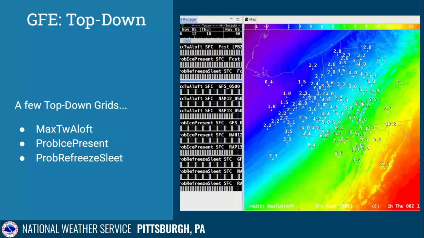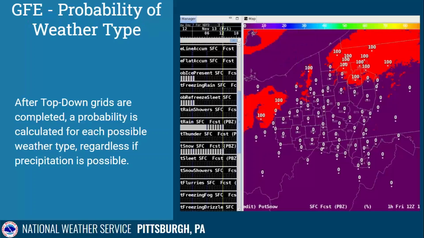And so at that point, we just go from the top down. We look at our max temperature aloft. We look at the probability for ice present, given any warm levels, potentially refreezing to sleet if we have a colder column beneath that. So it's essentially just taking that top-down approach in our grids. It looks a lot more complicated on here, but that's basically the general process. And at that point, the grids will derive a weather type from that.